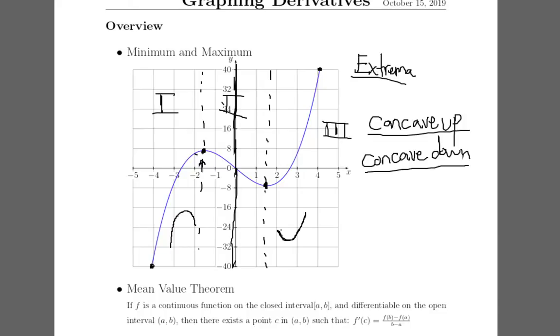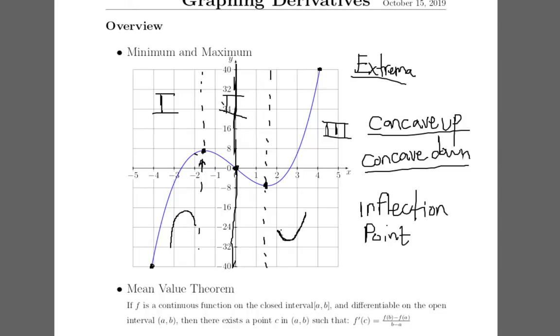And that point, in this case, is right at the origin at (0, 0). That's called an inflection point. We'll explore that a little bit more as we go into detail about graphing the derivative and graphing a second derivative. It'll be a lot more clear what our inflection point is.